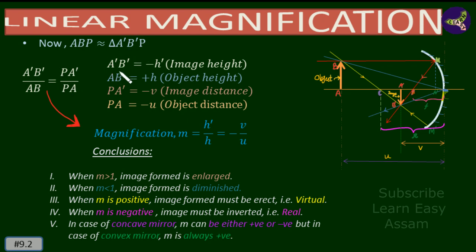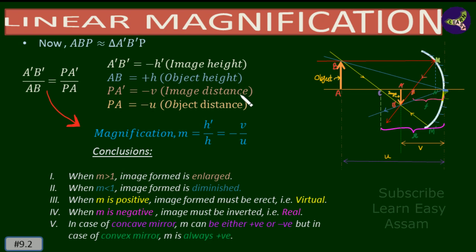So here you can see from sign convention, A'B' is the image height and it is downward with respect to the principal axis, so it will always be minus. What about AB? AB is nothing but the object height. It is positive. And what is PA dash? This is P and this is A dash.